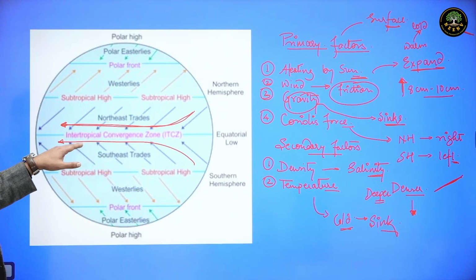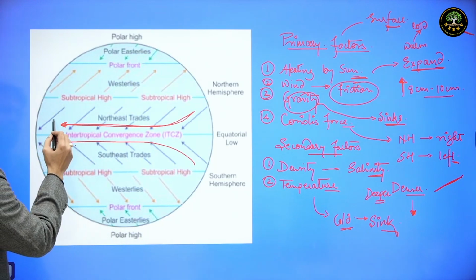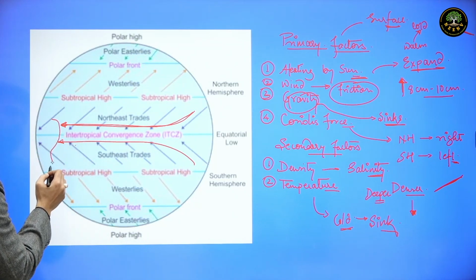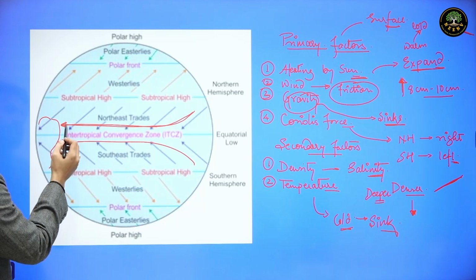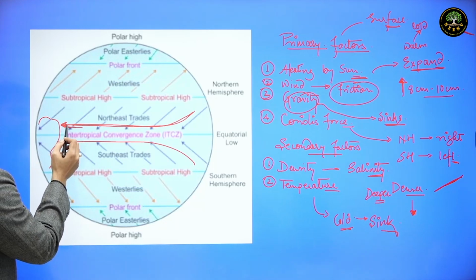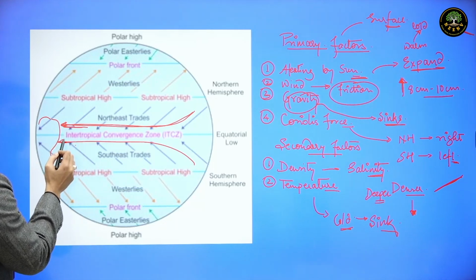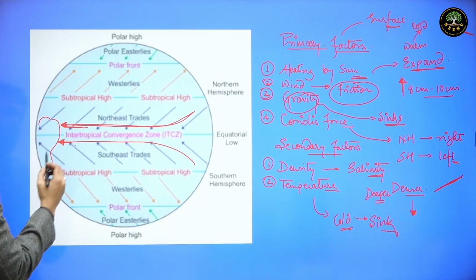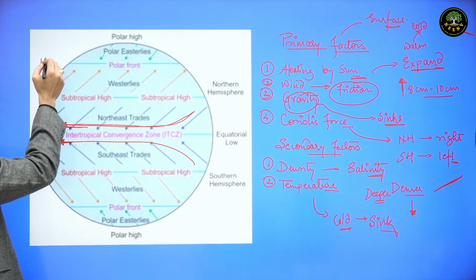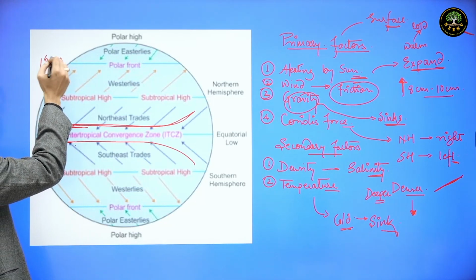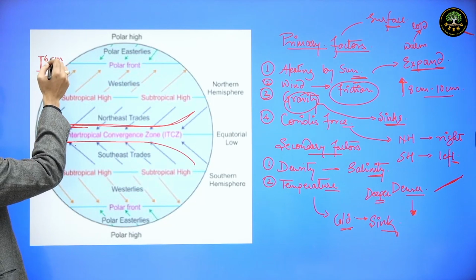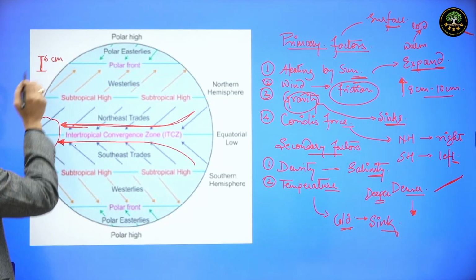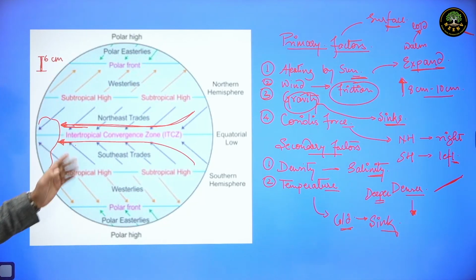Once it moves in westward direction, and suppose there is a continent here, this water gets piled up along the continental coast, and a difference of around 6 centimeter is created in the coastal area.